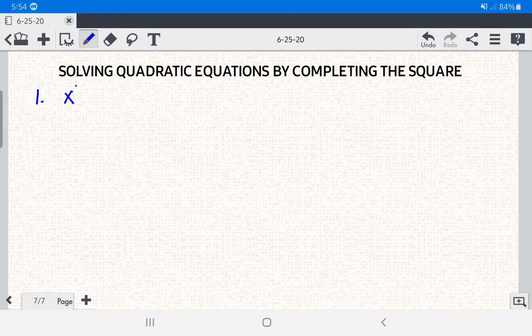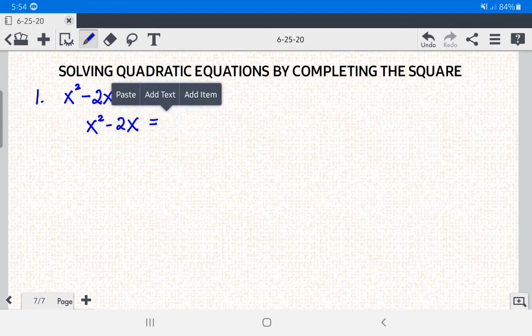Let's say we have x squared minus 2x minus 15 equals 0. Our first step in solving the quadratic equation by completing the square is isolating the terms with x. So here we have x squared minus 2x equals, we add 15 on both sides of the equation, so we have positive 15.